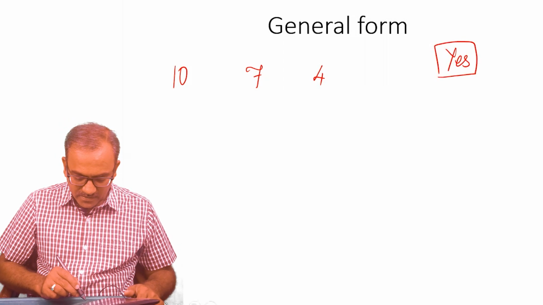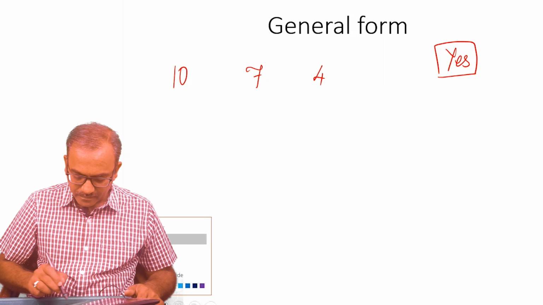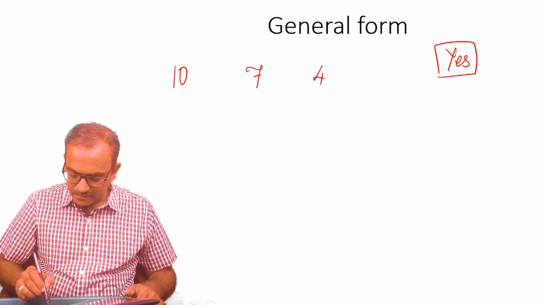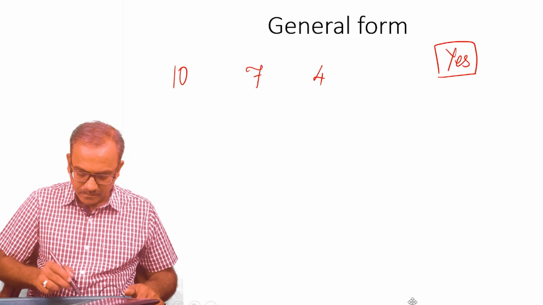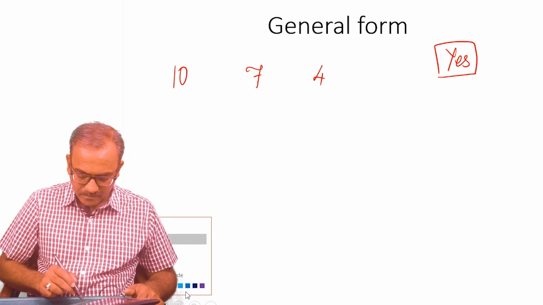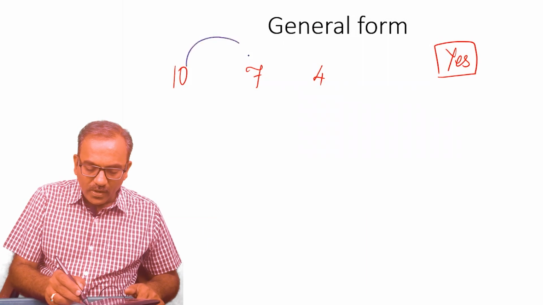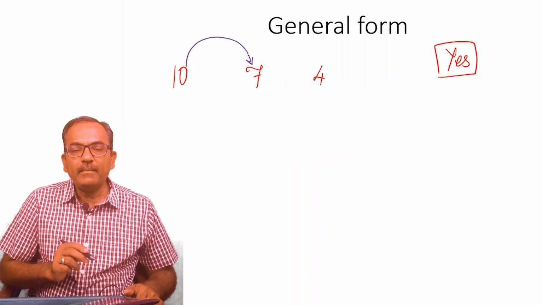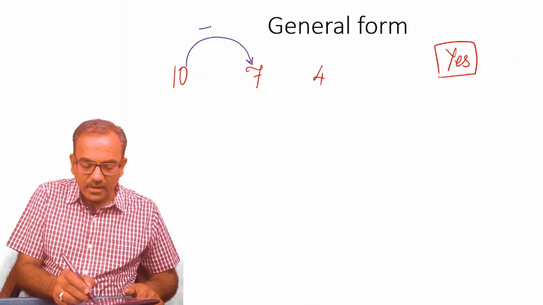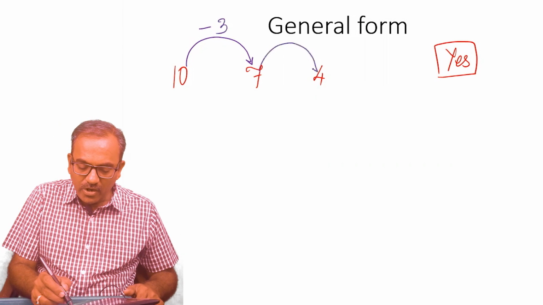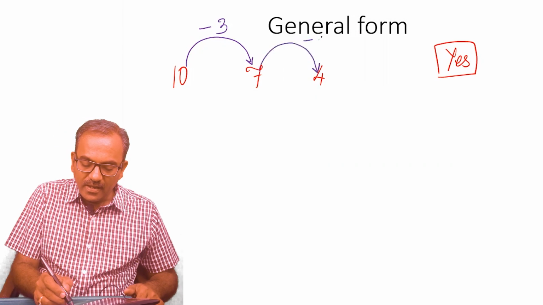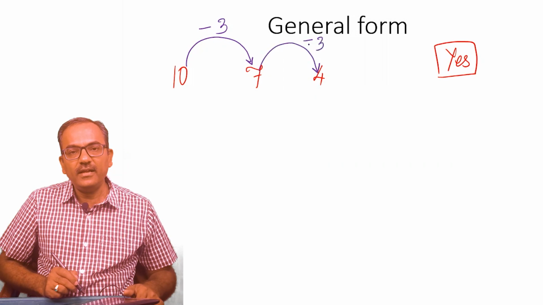That is because once you observe, from 10 you have moved to 7, it means you have subtracted 3, and from 7 you have moved to 4, in the same way you have subtracted 3.